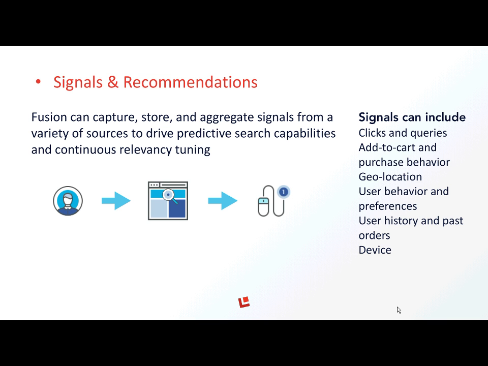Things like geolocation, user behavior preferences, anything that is going on the user side of things that are events that can be captured. Fusion does that, and then it aggregates it into a log file that can be indexed and used to drive predictive search capabilities and all kinds of relevancy tuning. So there's some machine learning that's going on here as well.